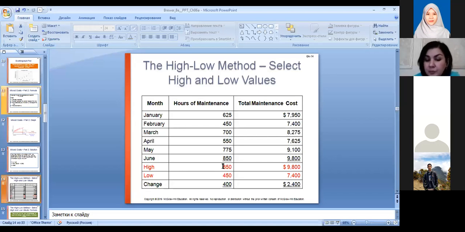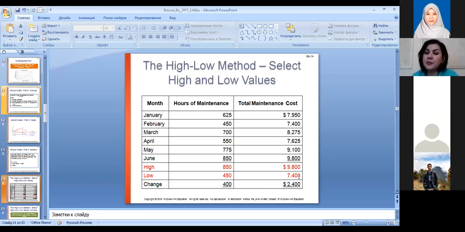Okay, now let's look at the corresponding maintenance costs. For high activity level 850, what was the cost? 9,800. For the low activity level, 450 hours, the cost was 7,400, right? And let's find the difference, the change.